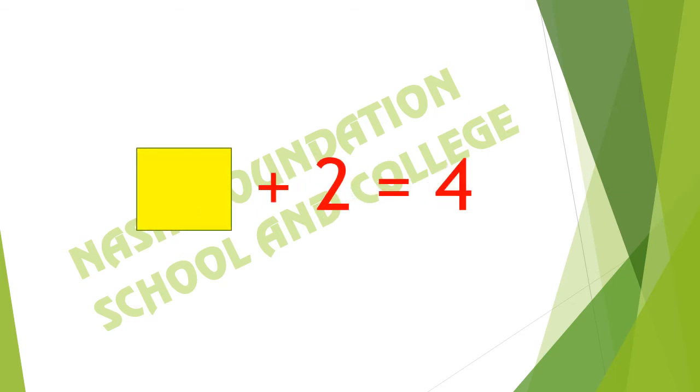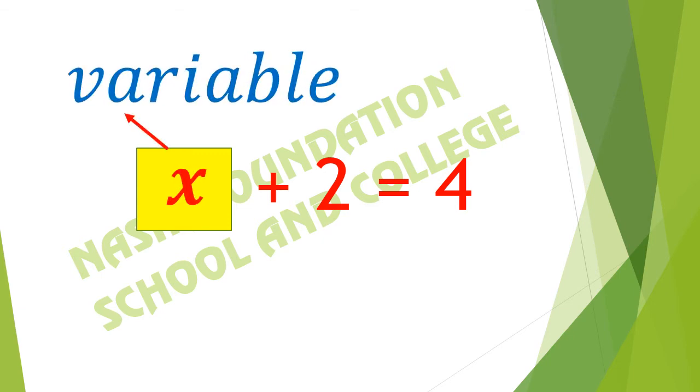In 2, what number will we add to get 4? Think about it. As we don't know the number that we will add to 2 to get 4, we assume it as X, and X is called the variable.